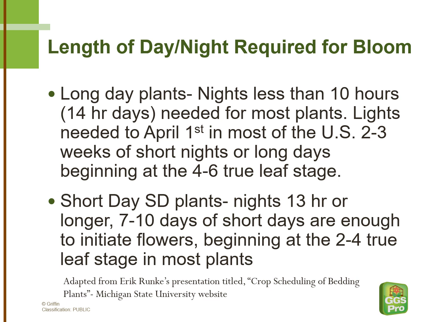On the other hand, there's not as many of these, but short day plants have totally different requirements. They need a longer night, so nights that are 13 hours or longer. And in this case, they initiate much faster. Once there's just 2 to 4 true leaves on most short day plants, a 7 to 10 day spell of short days is enough to initiate flowers.